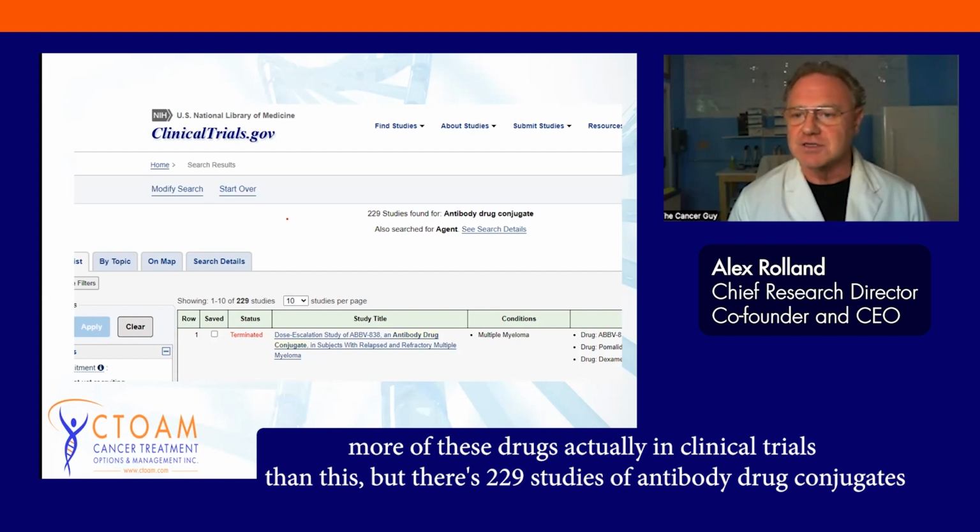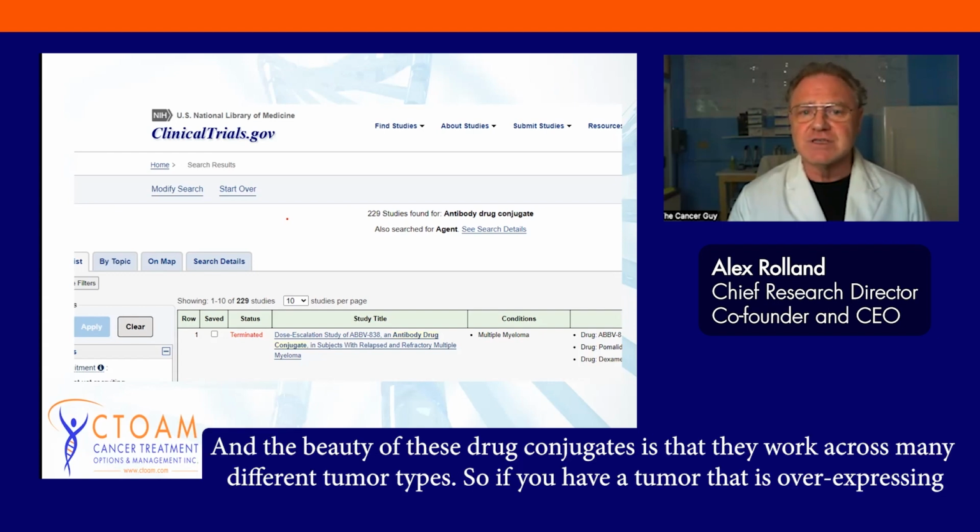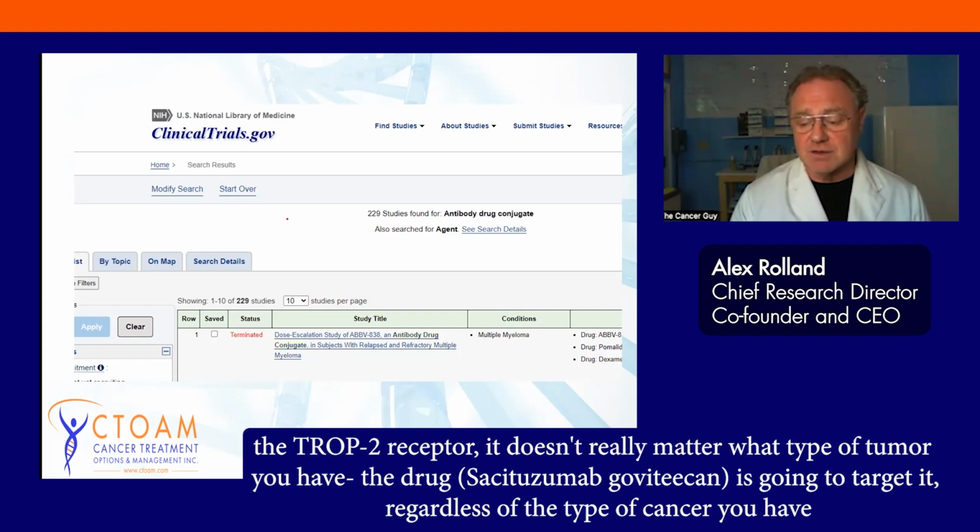of antibody drug conjugates. So here's a great example of how many different treatment options there may be for a cancer patient. And the beauty of these drug conjugates is that they work across many different tumor types. So if you have a tumor that is overexpressing the TROP2 receptor, it doesn't really matter what type of tumor you have.